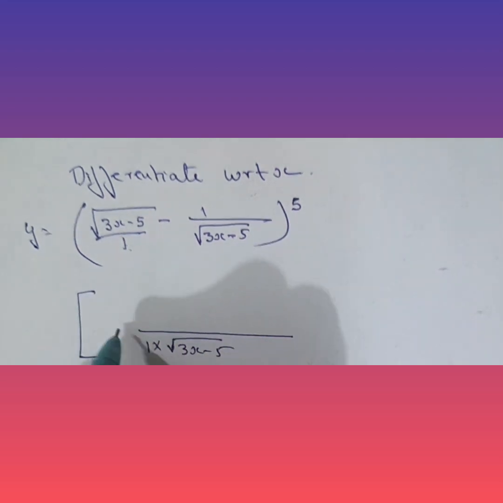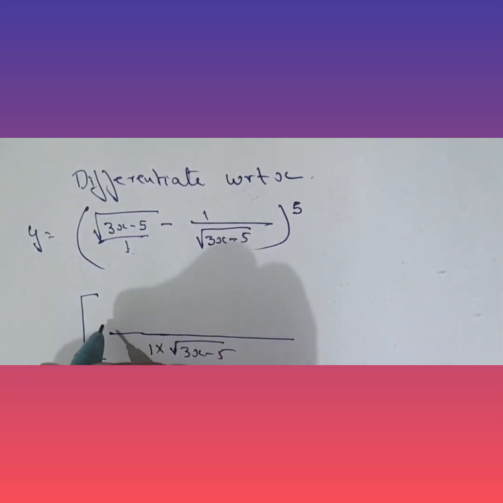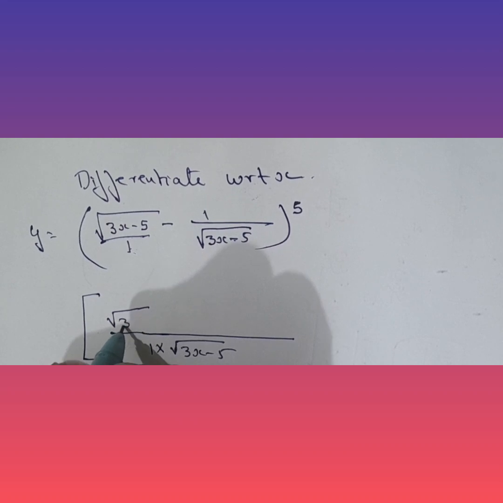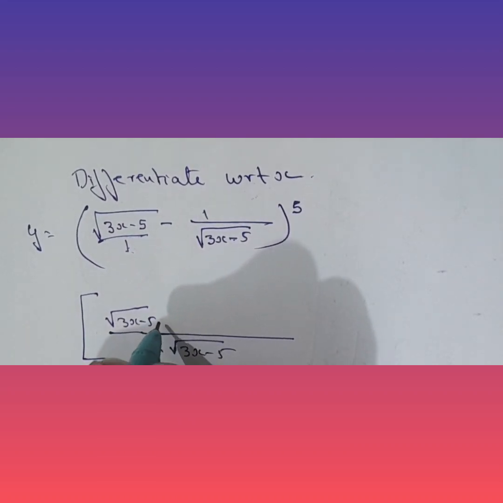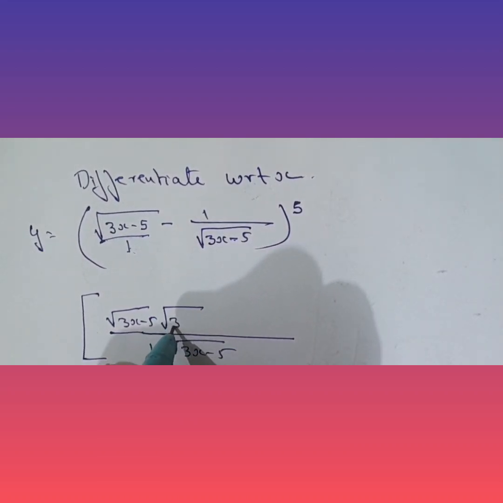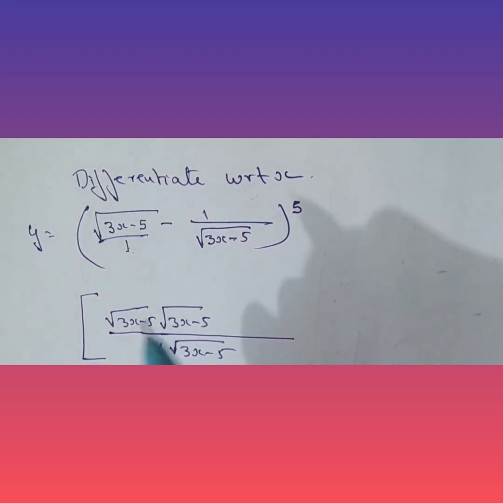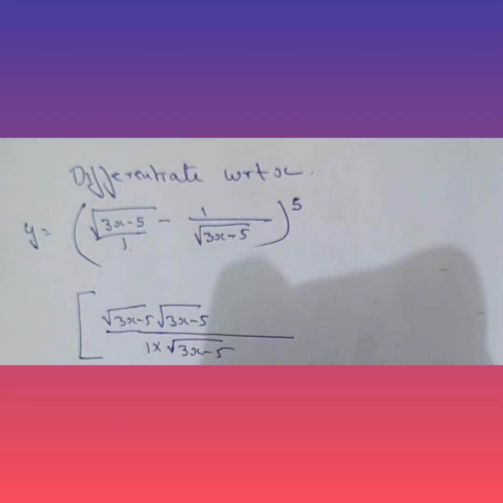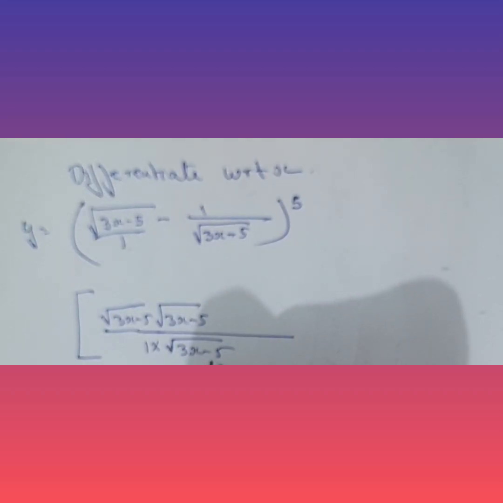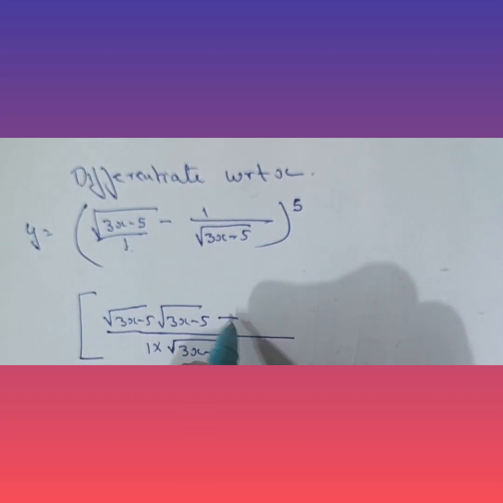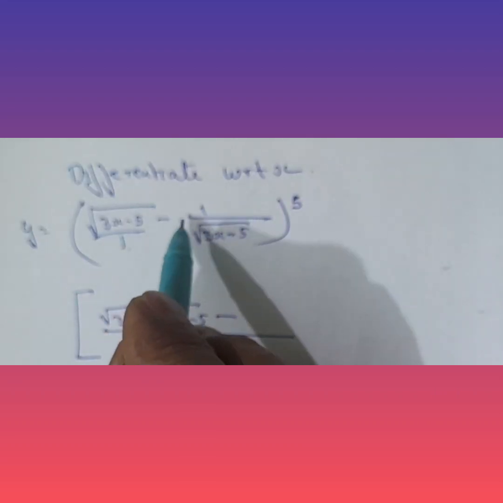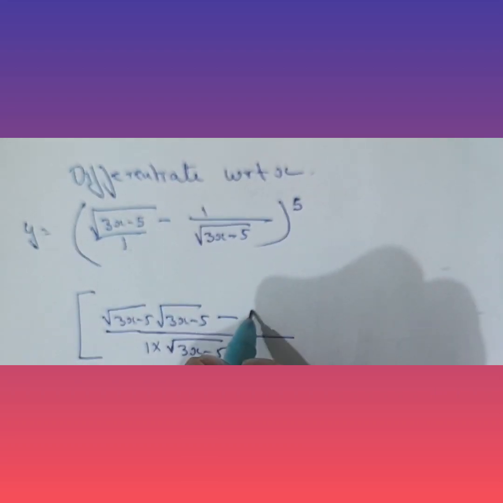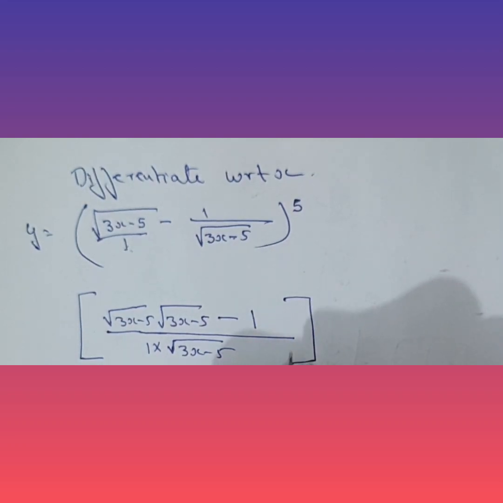So I've got to multiply root 3x minus 5 with root 3x minus 5. This root 3x minus 5 exists, and this root 3x minus 5 has come from the LCM. Alright. Minus. Now this already exists, so 1 into 1. So it would be minus 1, and close the bracket and put in the power.